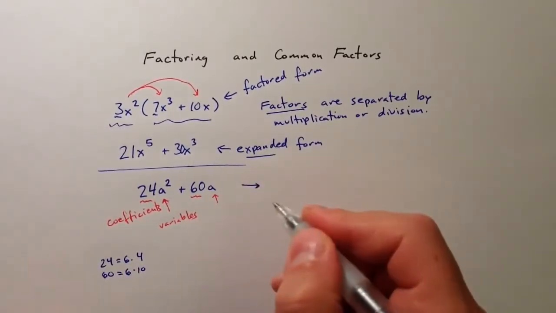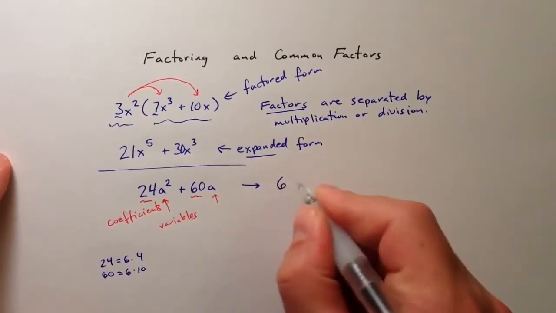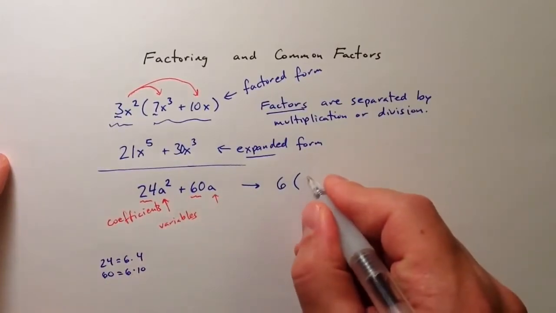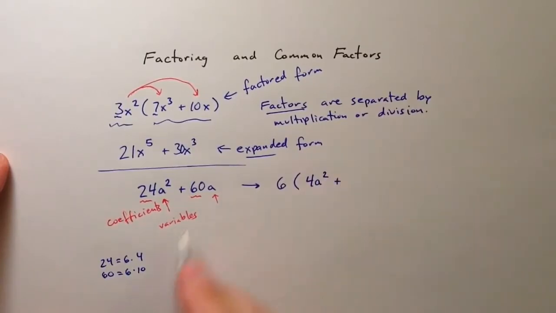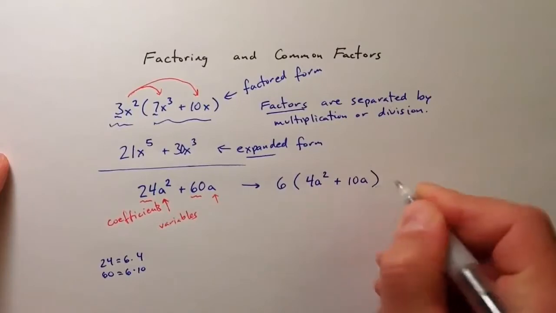So, we can tackle this in stages. One stage we might see: I can factor out a 6. And then what's left behind? Well, 24 is 6 times 4, so that would be 4a squared. 60 is 6 times 10, so that would become 10 times a.